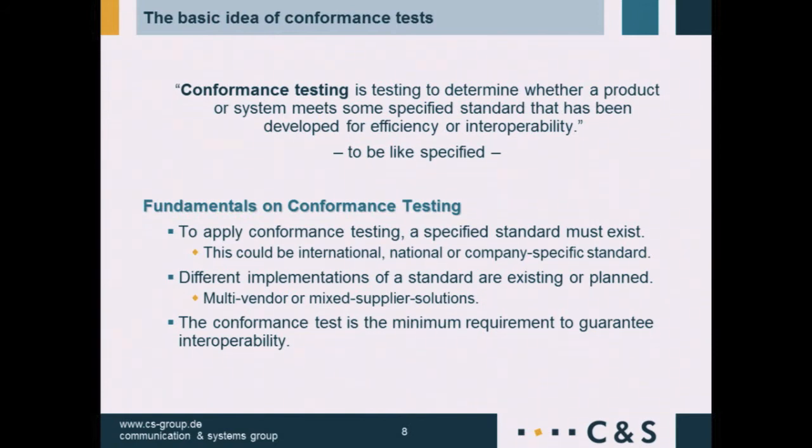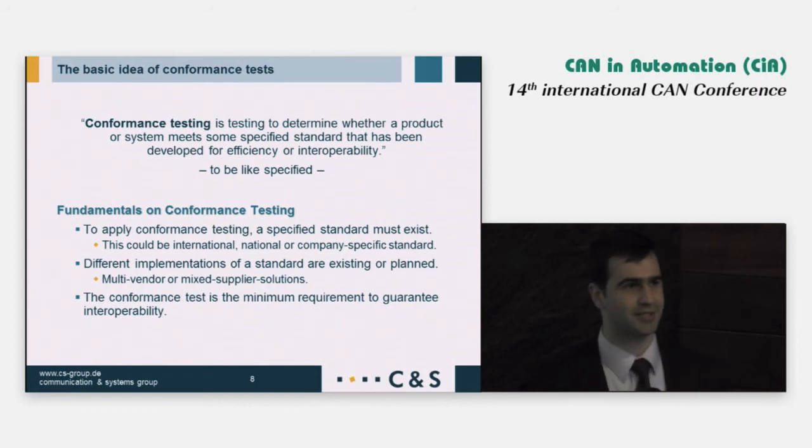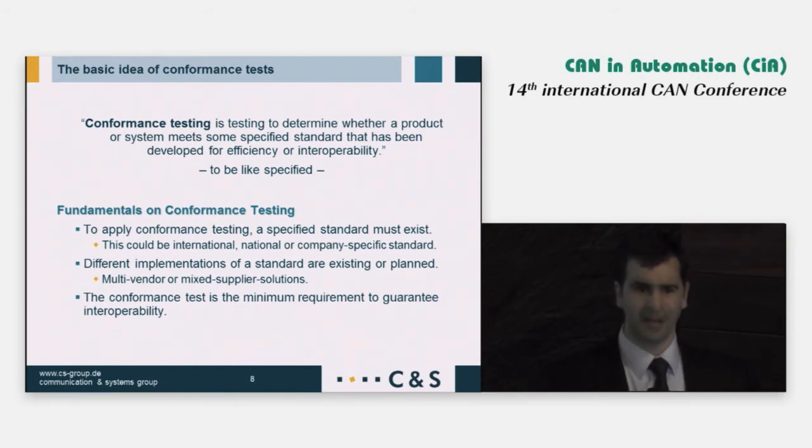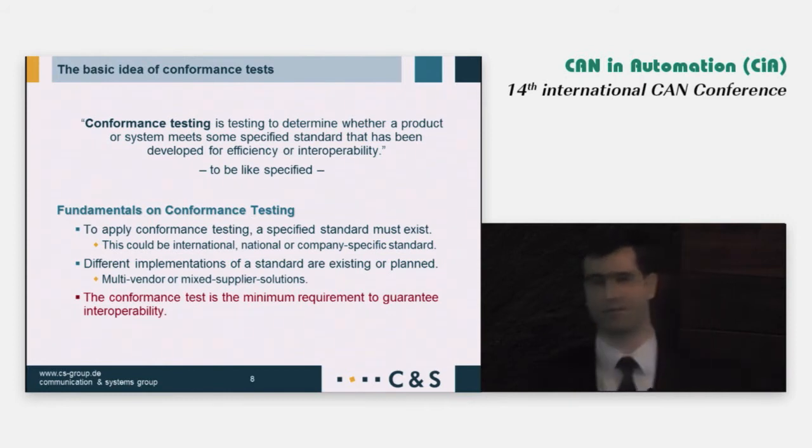But after applying conformance testing to a certain device, if that device is approved by the conformance test, then there is a higher chance that this device will interact with another device which has also been approved by this conformance test. We could then summarize that conformance testing is the minimum requirement to guarantee interoperability.